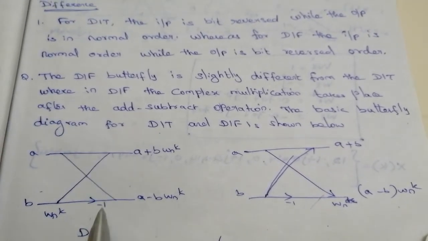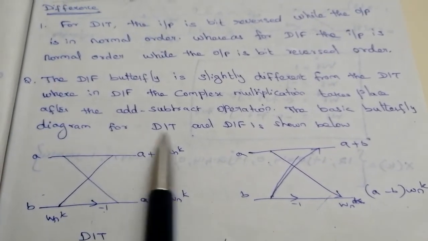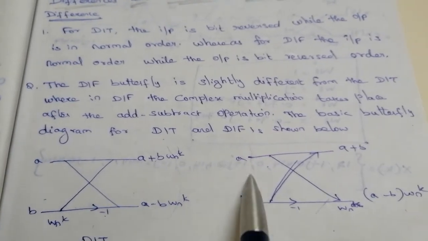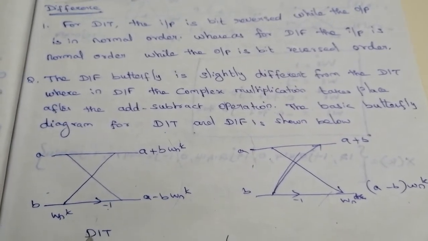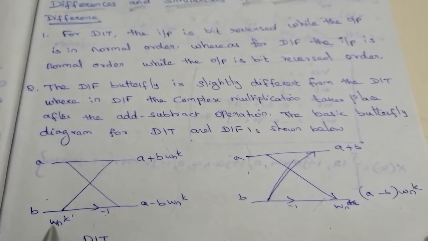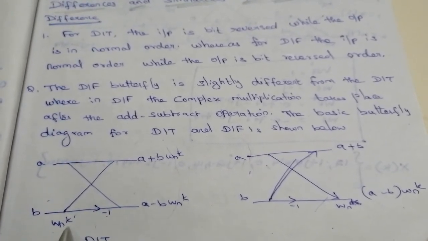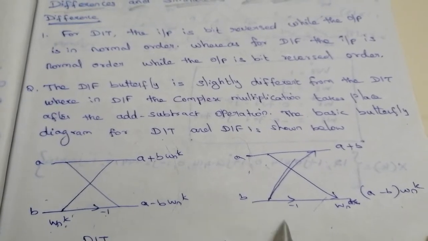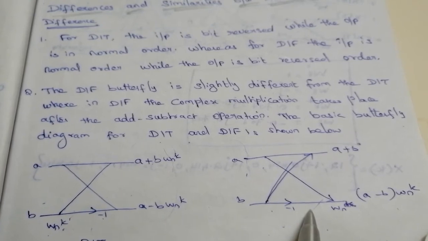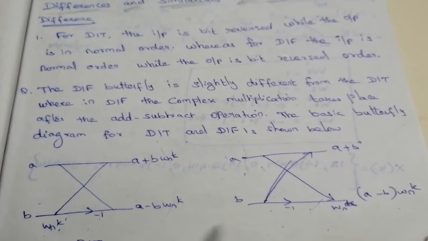In DIT, the input is bit reversed, whereas in DIF, the output is bit reversed. In DIT, the complex multiplication takes place before the addition and subtraction operation, whereas in DIF, it takes place after. So this is the difference between these two.